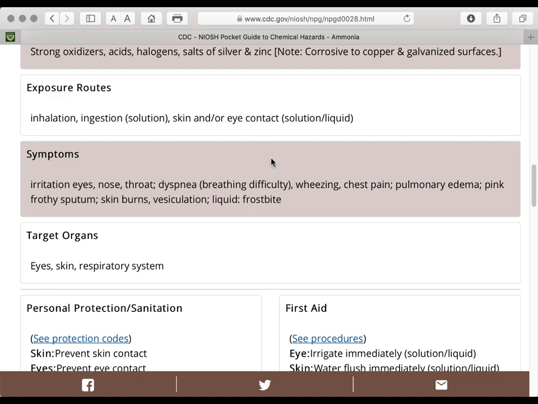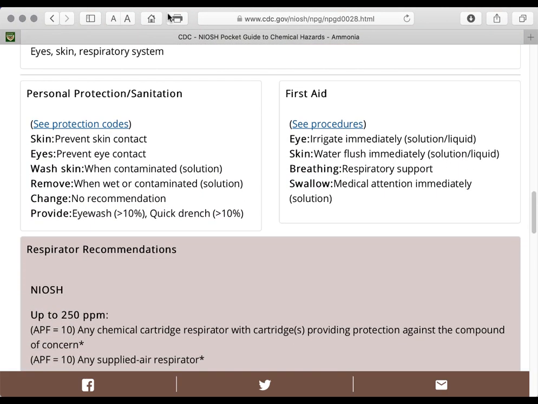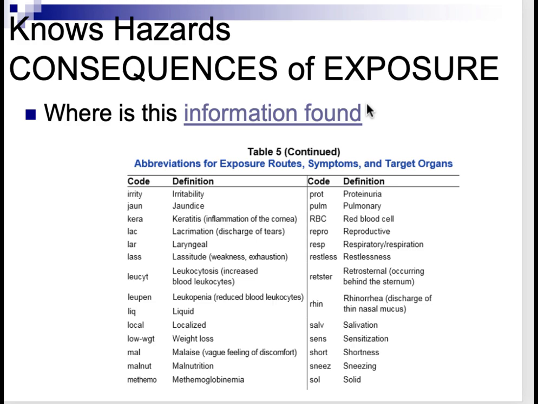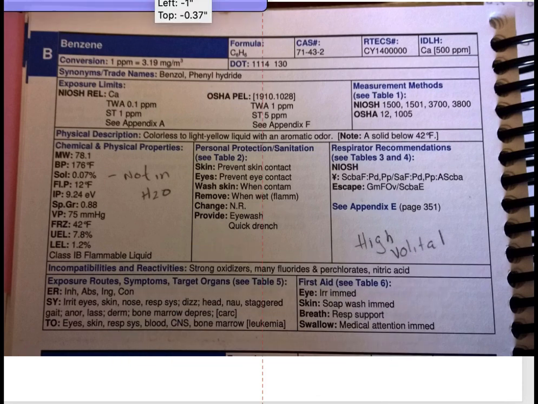Irritation of the eyes, nose, and throat, difficulty breathing, chest pains. You also can find in the NIOSH Pocket Guide personal protective equipment that you should wear, as well as first aid if you're exposed to it. So that's where we go to find our hazards. We go to the NIOSH Pocket Guide.